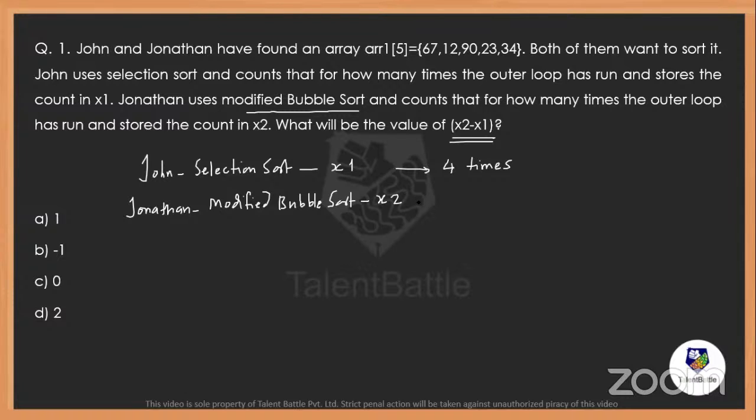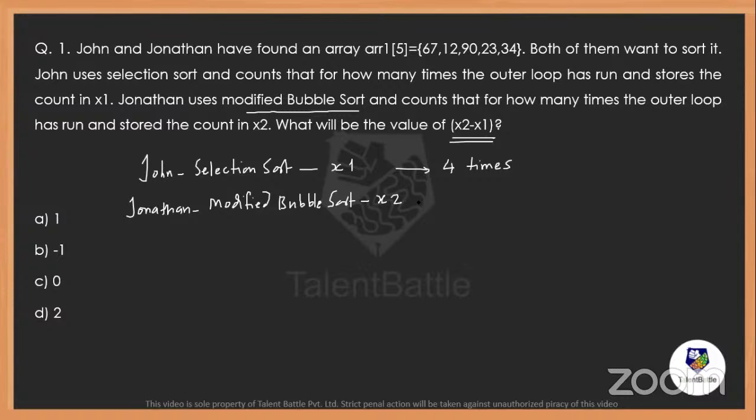If we discuss in a generalized manner, for an array of length n, selection sort is going to take n minus 1 passes to sort the array. In every pass, the outer loop selects the smallest or largest element from the unsorted portion of the array and places it into the correct position.